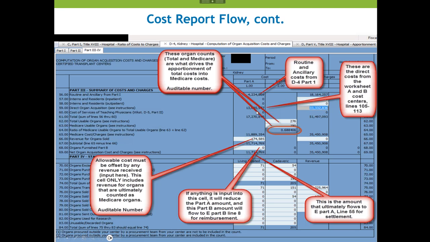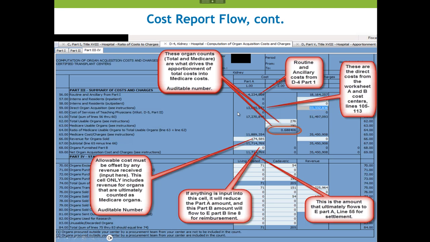And again, we're mainly focused on cost. Yes, there's a charge column here, but it's informational only. And then line 60 again, another pretty rare item, D-5 Part 2. But we ultimately get all of the organ acquisition costs. They're still both Medicare and non-Medicare, but they're all of the organ acquisition costs.